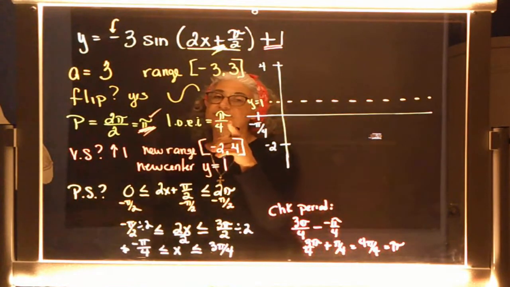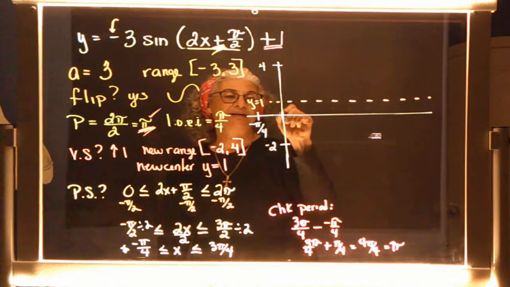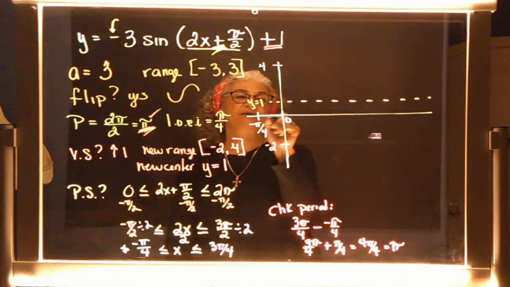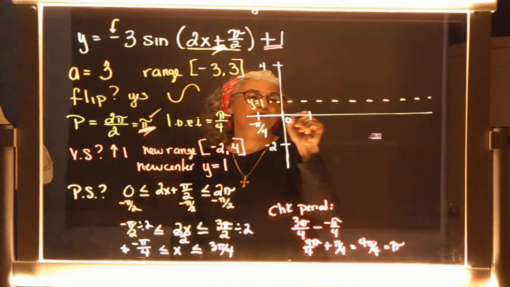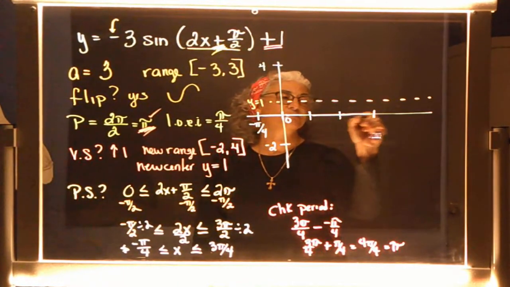The length of each interval is pi over 4. So if I start at negative pi over 4 and I add pi over 4, what do I get? 0. So my next mark is actually at 0. So here is one interval length. Now I know there's 2, 3, 4.